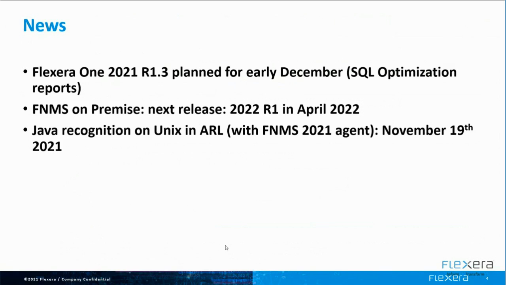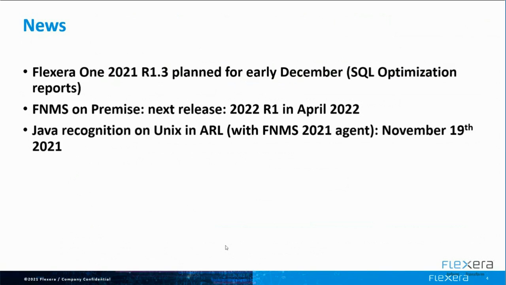And the last piece of news I wanted to share with you is the Java recognition on Unix, which is quite a big topic for some of you. It will be released in the ARL on November 19th, 2021, so next week.